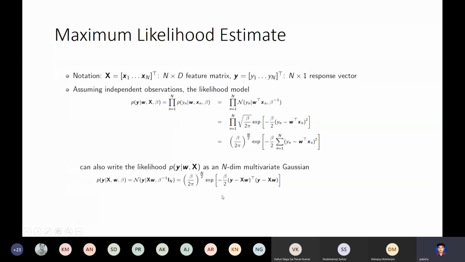Okay, so you can actually very easily get a maximum likelihood estimate. What is the maximum likelihood estimate? You just maximize this. This is the likelihood. So what you do is take the derivative and set it to 0. This is the expression for the distribution.